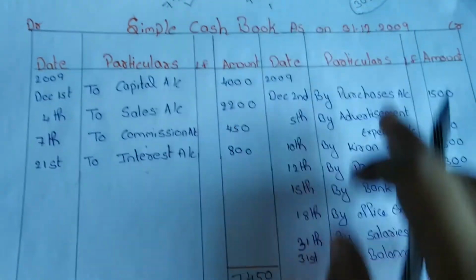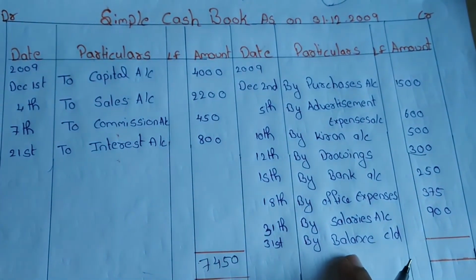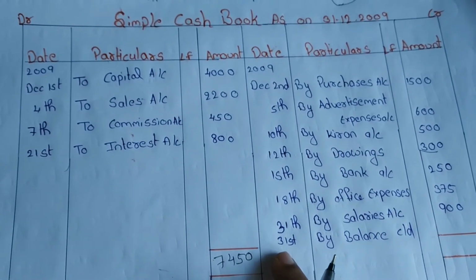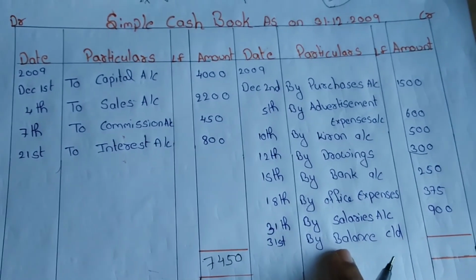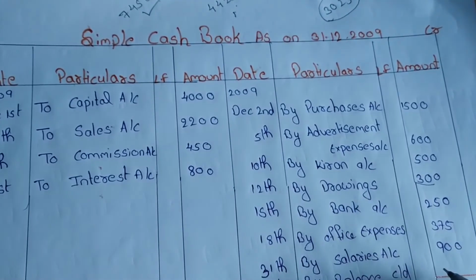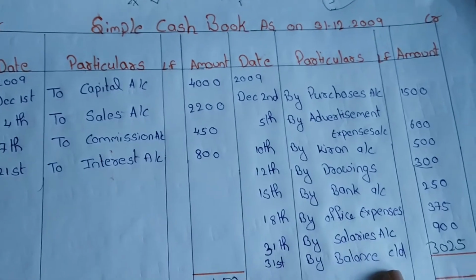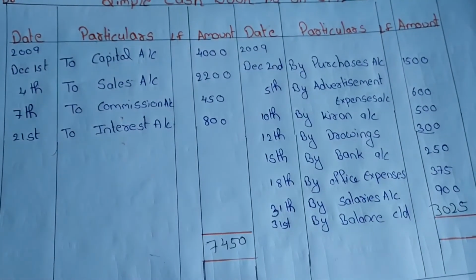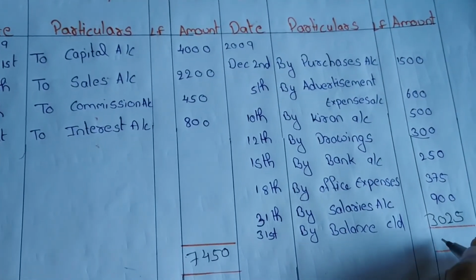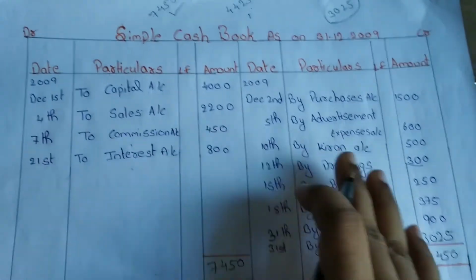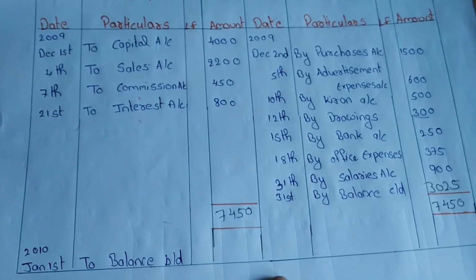It should be recorded as by balance carried on. The last date of the month was 31st, so on 31st, by balance carried on, the difference amount was 3,025. Now let's total this account: 7,450 and 7,450. Now the account is balanced.